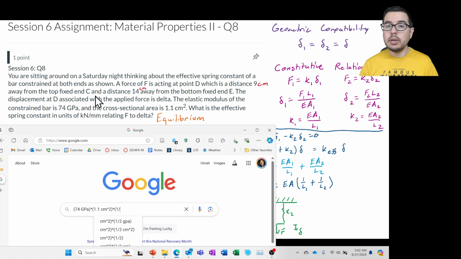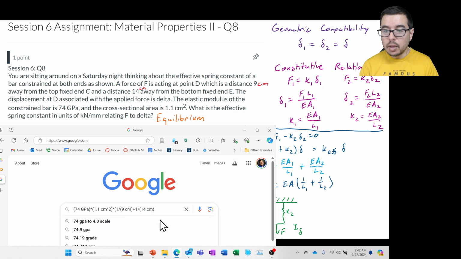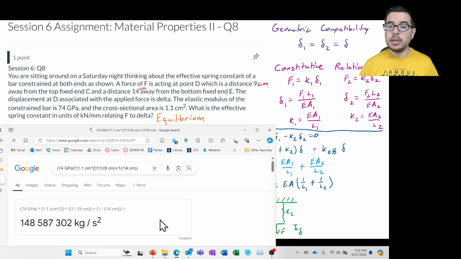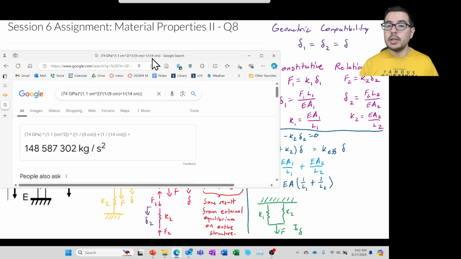I guess it doesn't really matter because we do 1 over the top and 1 over the bottom. A distance 9 centimeters from the top, so that's going to be 9 centimeters plus 1 over the 14 centimeters, like that, okay? And if we do this, whoa, we get some kind of wild new units here, right?